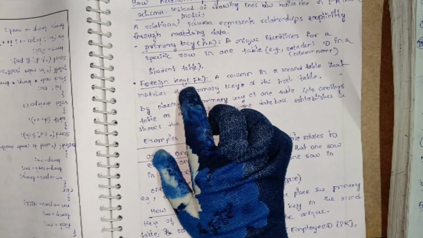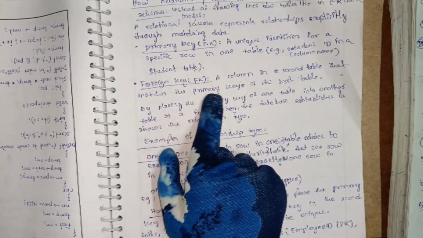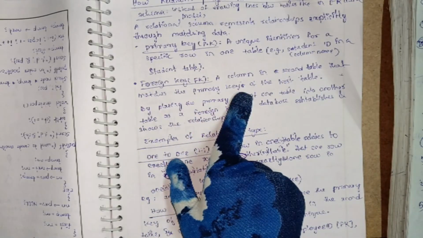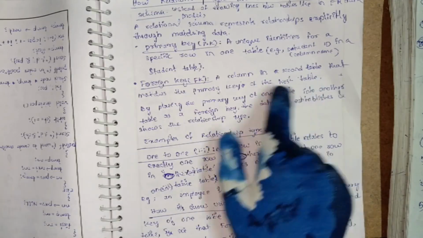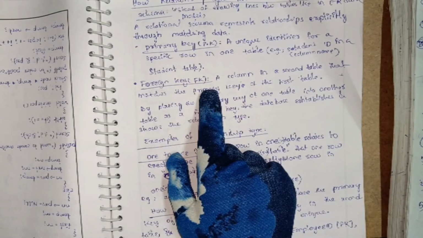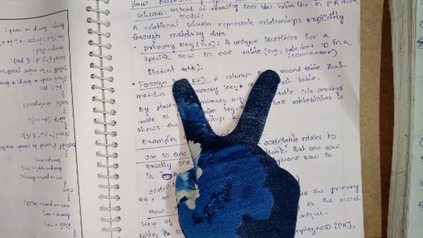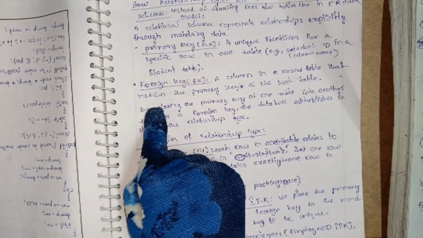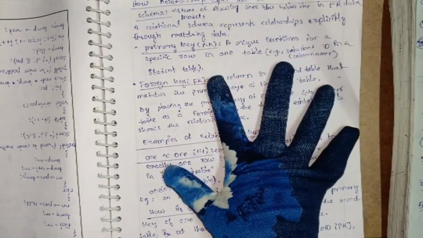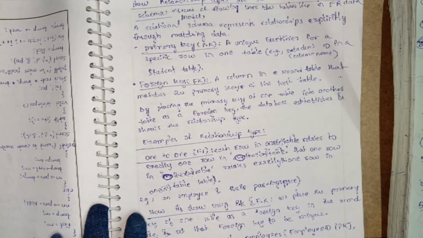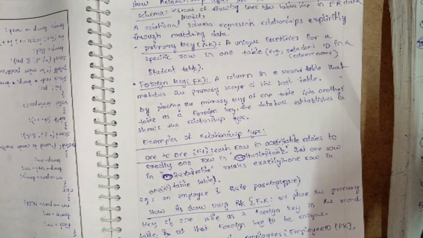Through this statement, we can understand that in two tables, the primary key column and the foreign key column have the same values, and the foreign key column can contain redundant data, meaning duplicate data.